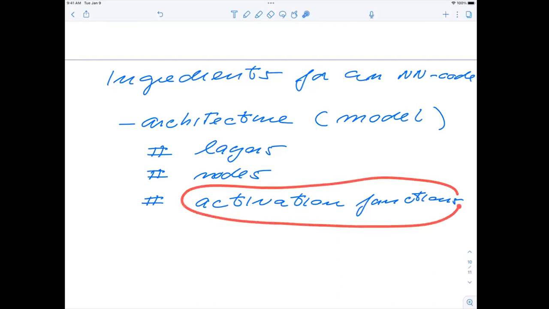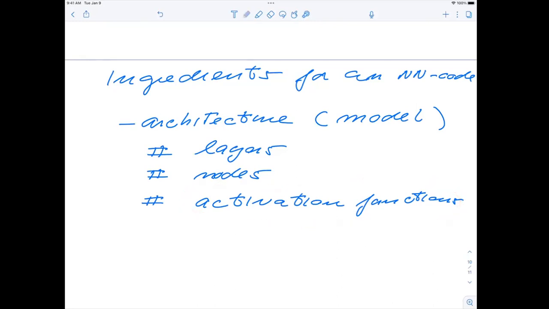So that means that you have the activation functions and obviously their derivatives, because you will need the derivatives when you set up the backpropagation algorithm. So these are things which now define what I will call the model.